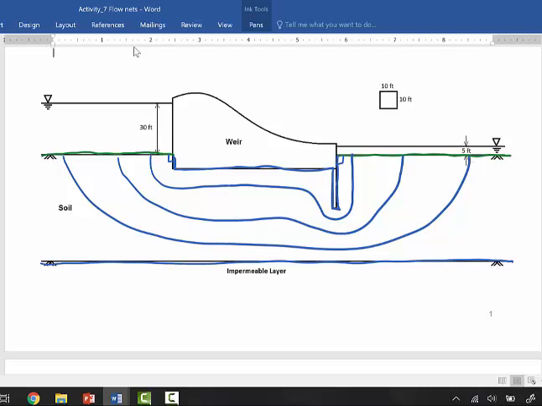Now that we've completed the flow lines, we want to draw in a grid system for equipotential lines that are perpendicular to these flow lines. Remember, they need to be perpendicular to all that exist, and you want to make somewhat squares here, so the distance vertically is similar to the distance horizontally.